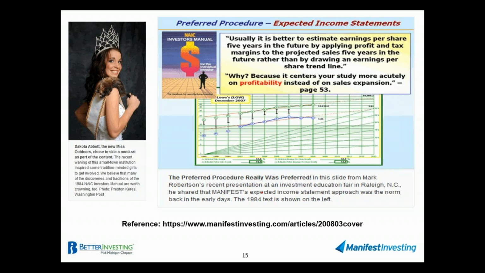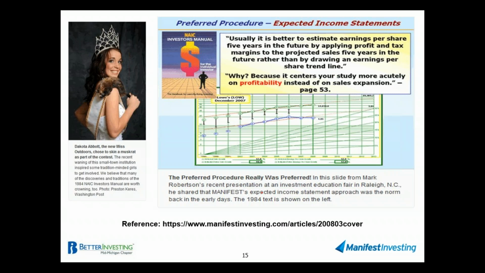At Manifest Investing, we use the preferred procedure for every single company analysis that we do. And the reasons are shared right there in the book by George Nicholson and Tom O'Hara. It beats just drawing the line. And I am a fan of crayons when it comes to stock studies. I'm a fan of Peter Lynch's 30-second, if you can't say what's great about a company in a minute or so with a bunch of your partners, and then follow it up with the crayon analysis shown on a visual analysis, that's all good.